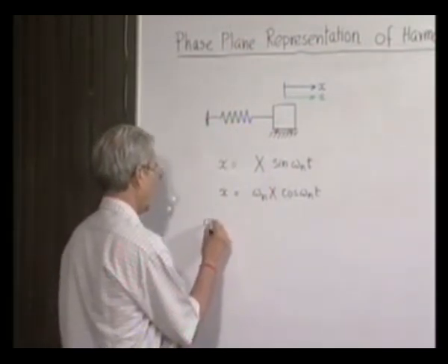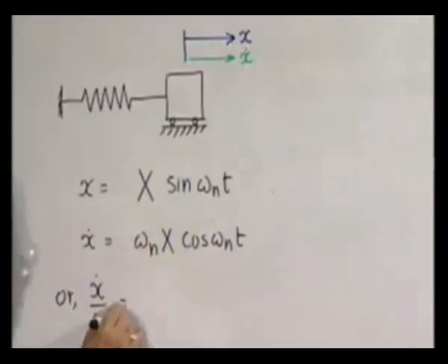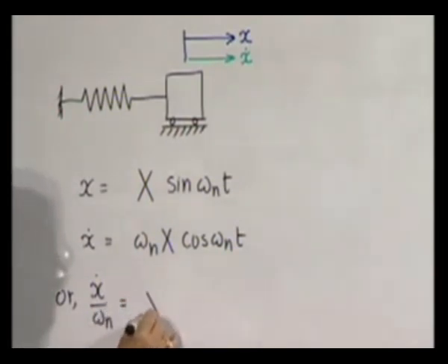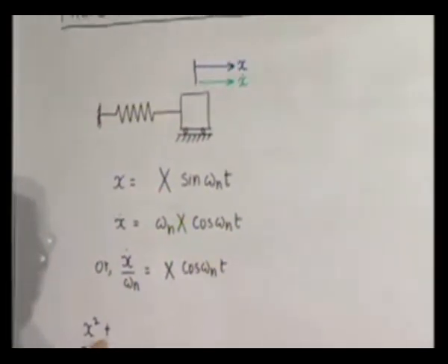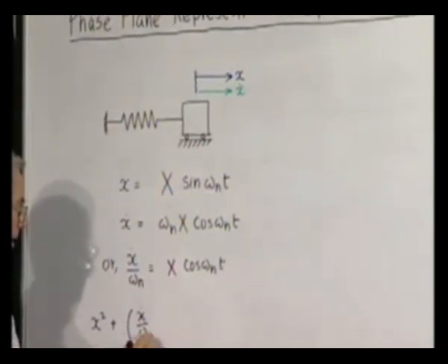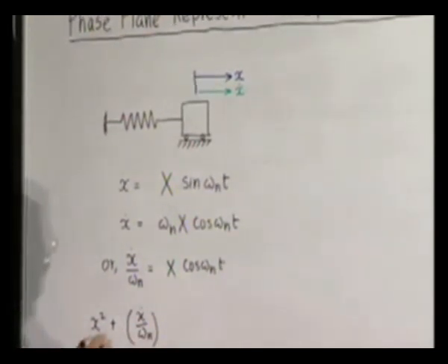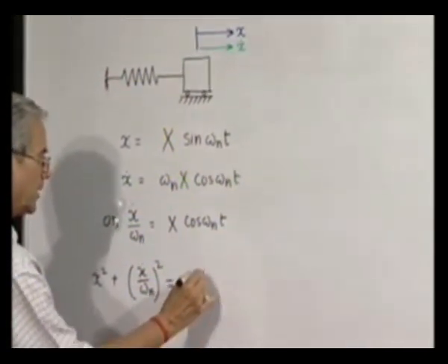or a quantity, if we define the instantaneous velocity divided by its natural frequency, it will be this. And if we square the displacement and square the instantaneous velocity divided by the circular natural frequency, then obviously we get a constant.